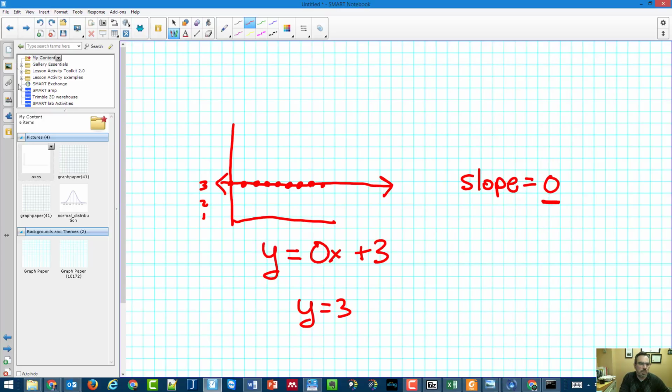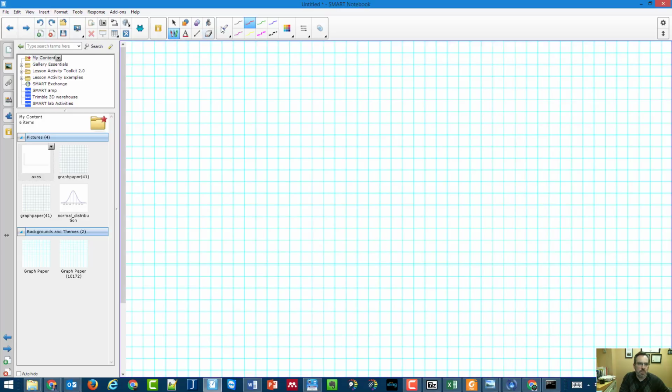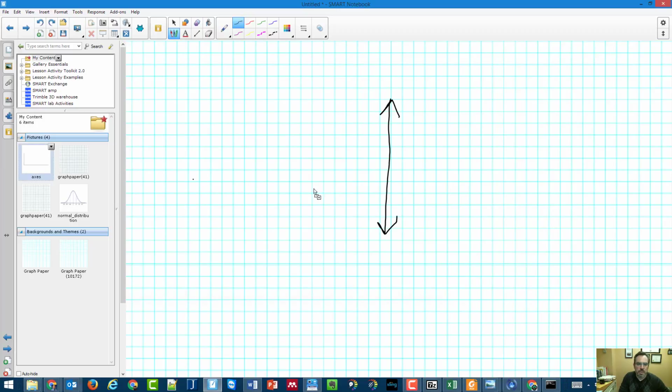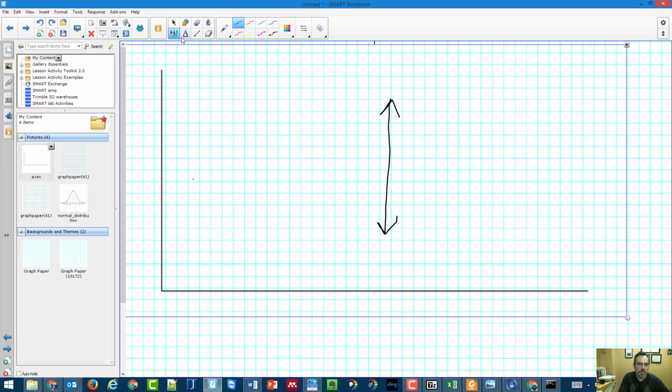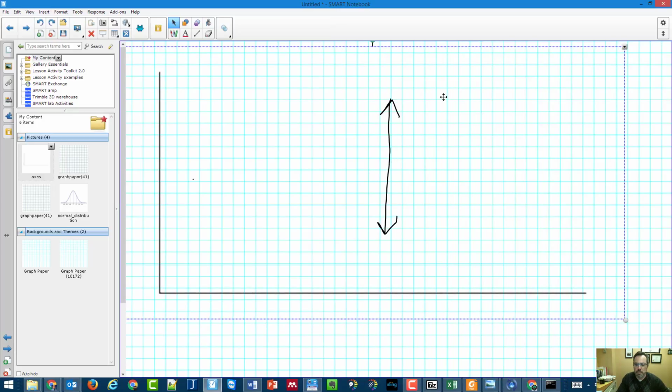The other slope that you could end up with that is also kind of unique is what's referred to as an undefined slope. If I have a line that goes straight up and down, let's grab this guy and pull him out here so that I have it somewhere. If I have this line that goes straight up and down, let's redraw it over here.